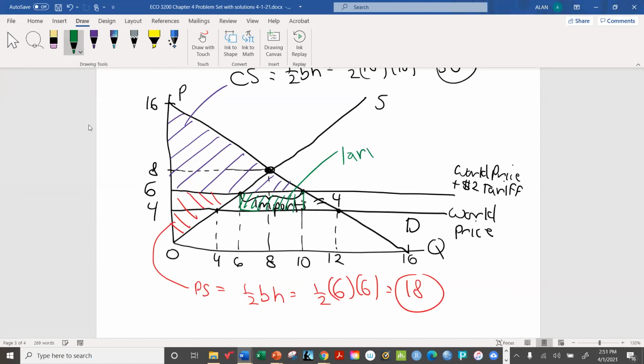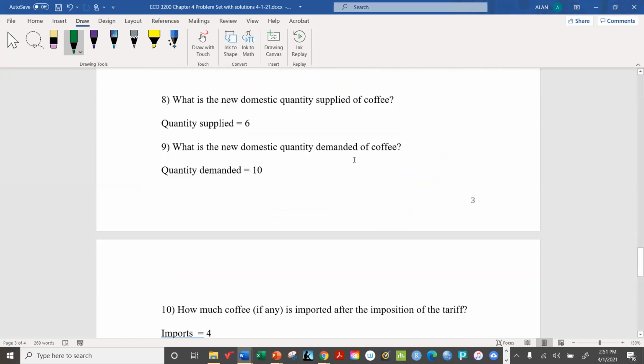The tariffs will equal, and since this is a rectangle, the area is base times height. The base is 4, the height is 2, and we'll get $8 worth of tariffs, or 8 million actually. So the tariffs are 8.